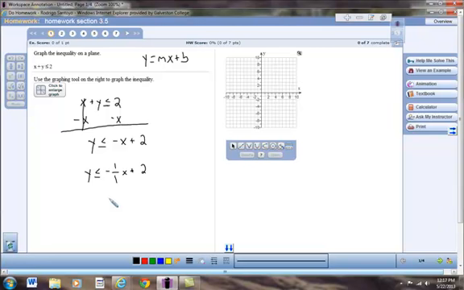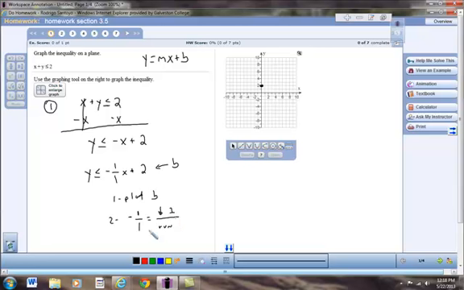So first, let's just show this. The first thing we'll do is plot b, which is 2. And that's just on the y-axis. And now, the second thing I do is use my slope. Because it's negative, I'm going to go down 1, and I'm going to run to the right.